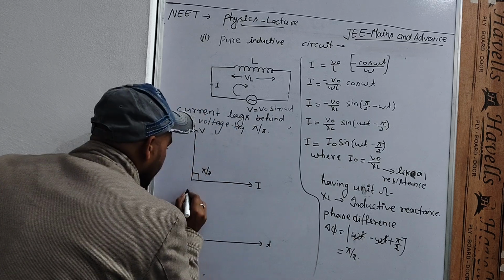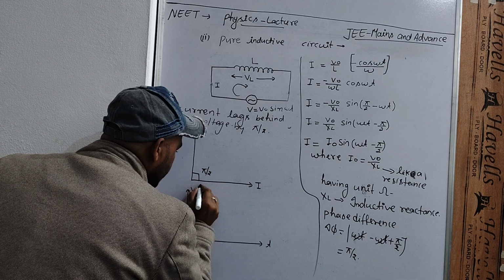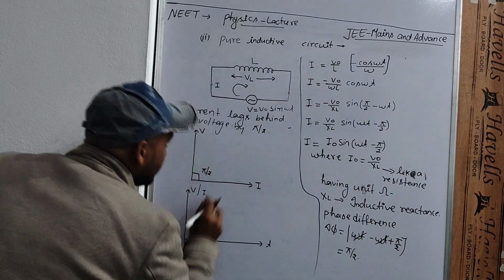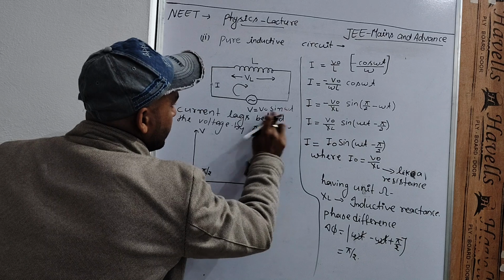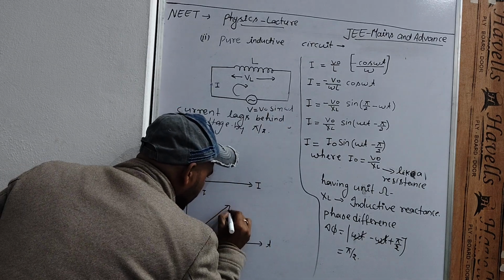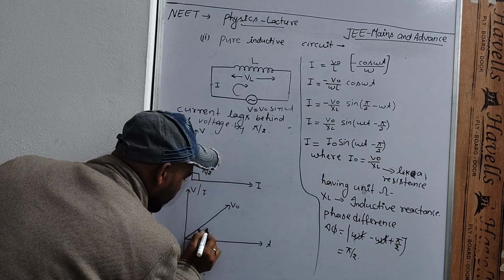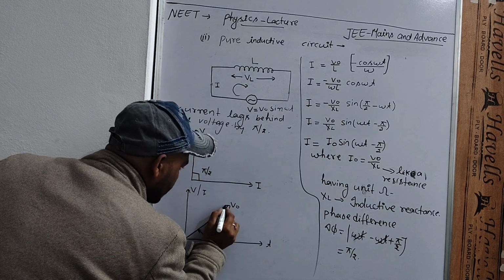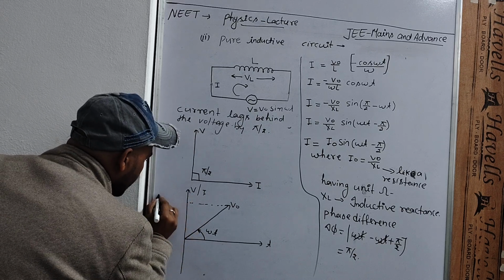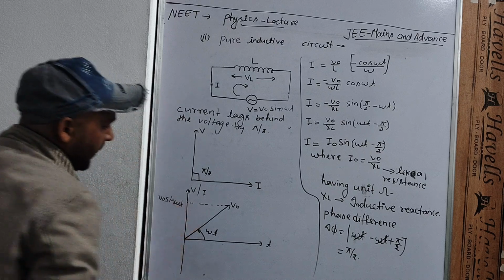This is the time equation, and this shows the instantaneous value of voltage or current. Then as we know the phase of voltage is omega t, this arrow will show the peak value of voltage at the angle of omega t.